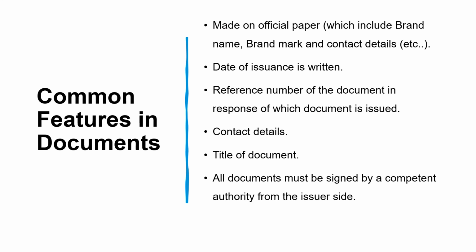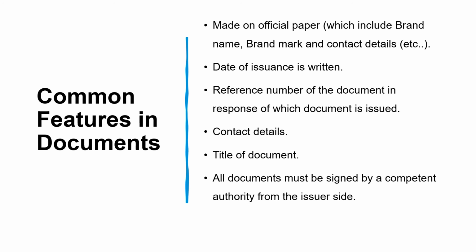There are some common features in all the documents that we discussed so far. First one, they are made on official paper, which includes the brand name, brand mark and contact details. Some companies use their letterhead as a format, and some companies use their own format to generate these different kinds of trading documents. And then every document will have a date of issuance written.